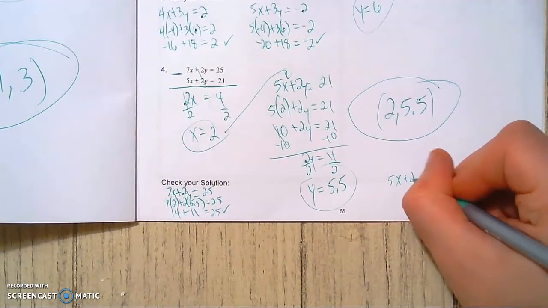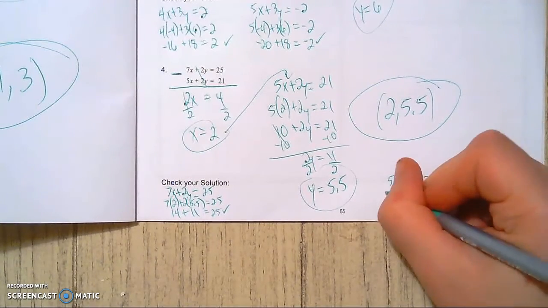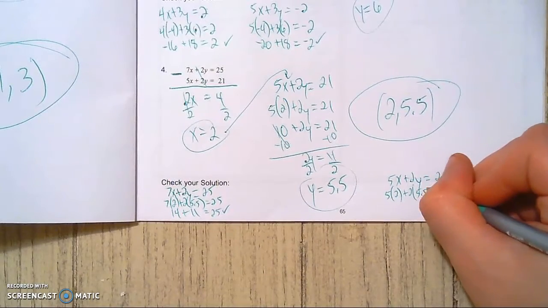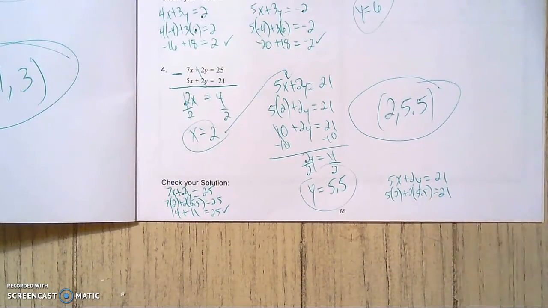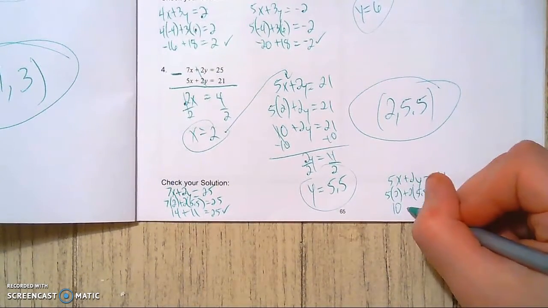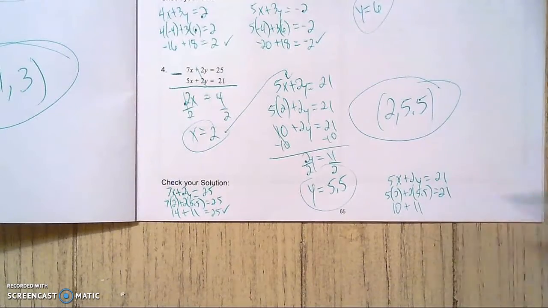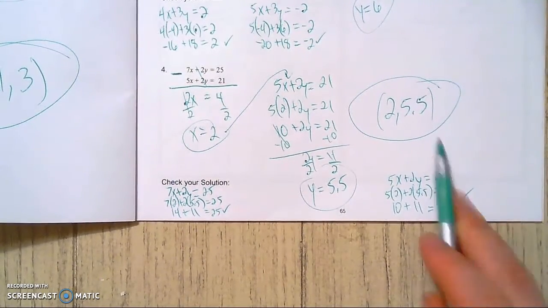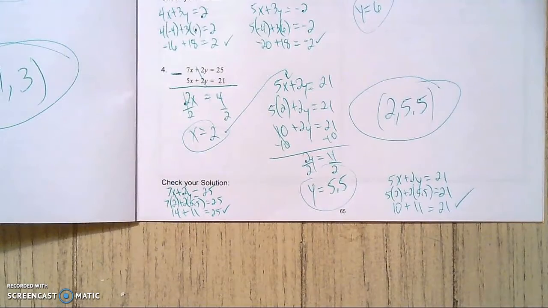That's 5x plus 2y equals 21. 5 times x is 2, plus 2 times y is 5.5. And 5 times 2 is 10. 2 times 5.5 is 11, and sure enough, 10 plus 11 does equal 21. So I know 2 comma 5.5 is my answer.